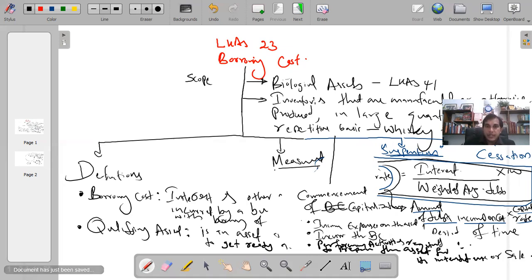Okay. So these are the 3 conditions to be satisfied in order to commence the capitalization.